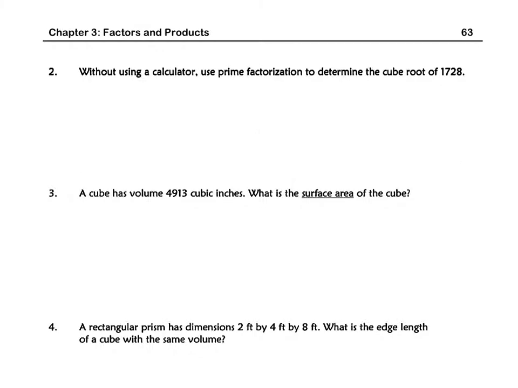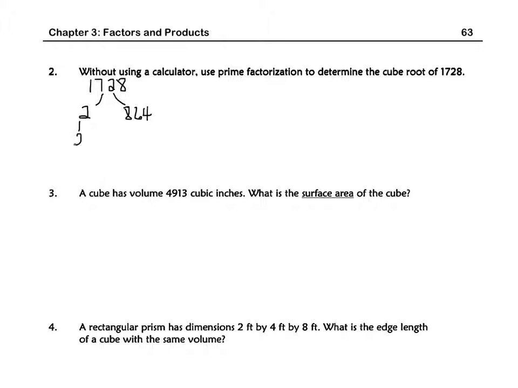Okay, so we do the same thing again using the cube root of 1728. So to find the cube root of 1728, use prime factorization. If we look at factors of 1728, I know 2 goes into it, so 2 goes into 17 8 times with 1 left over, goes into 12 6 times, and goes into 8 4 times.